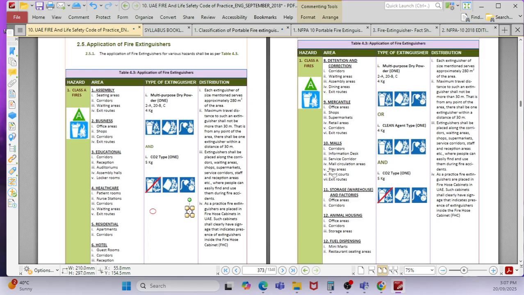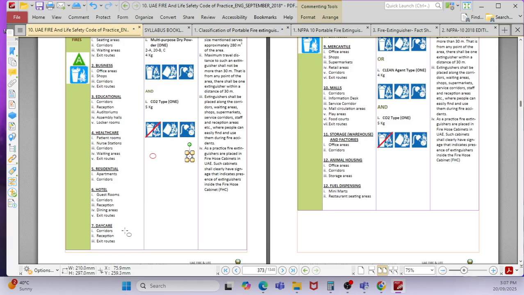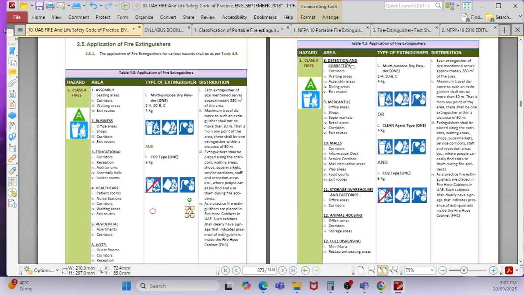Okay, similarly for class A fire again, you can see all the types, area, and what is the type of fire extinguishers here. Okay, this is class 1: assembly, business, educational, healthcare, residential, hotel, resort, daycare. And if you come to detention and correction area, mercantile, then you have malls, storage, animal housing, fuel dispensing.